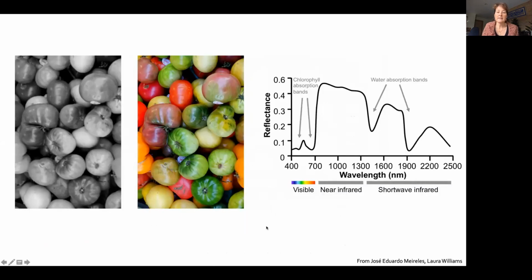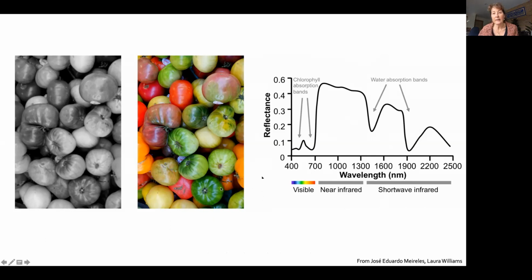This image, which is generated from former postdoc Dudu Mireles, just gives you an idea of how much information you get from having reflectance in many, many wavelengths. On the left, you see this image just black and white. And when you just switch to 3 color bands, the red, green, and blue, this markedly increases the information we can extract from a picture.